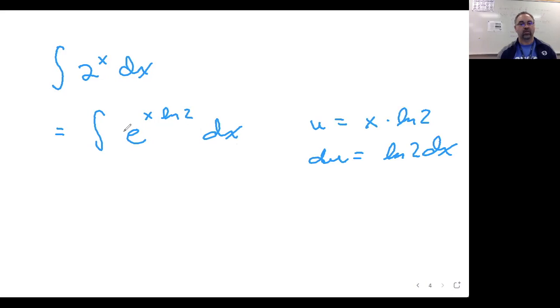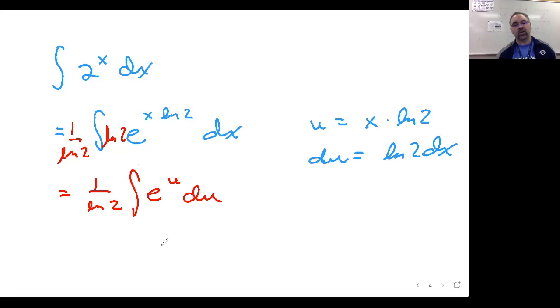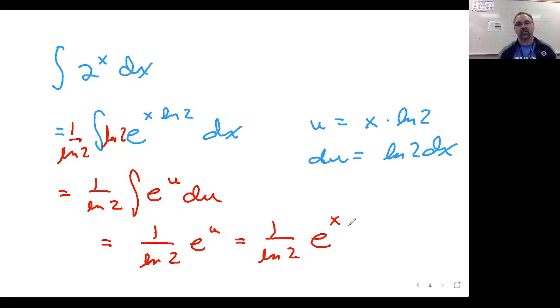So we'll bring in the natural log of 2, which means simultaneously we will divide by natural log of 2. And now we have e to the u du, which again, we love e. It's the easiest function in the world to integrate or divide. That's just e to the u, which is, of course, 1 over natural log of 2 times e to the u, which is x natural log of 2 plus c.